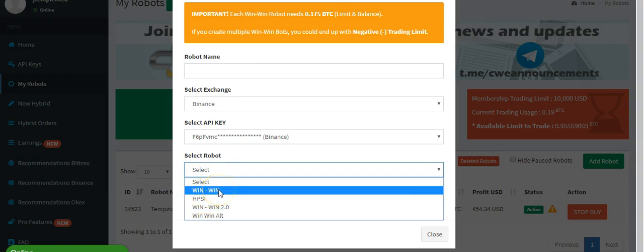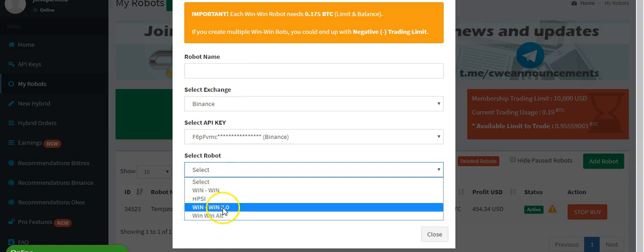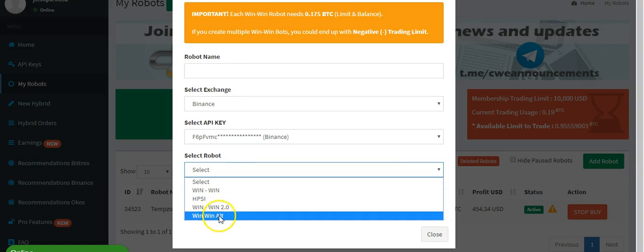So this one's like all at once. This one's pretty low risk. This one's more risk, this one's less risk. The 2.0 is the same as this one, but it requires a whole Bitcoin so that it's trading $800 worth at a time, $1,000 worth at a time, so that when it closes for 1%, you're making 80, 90, $100 per trade, depending on Bitcoin's price.